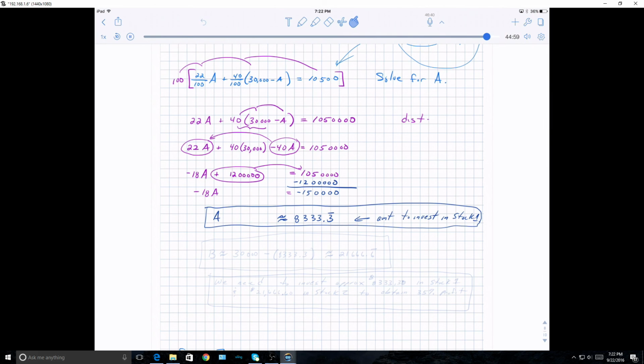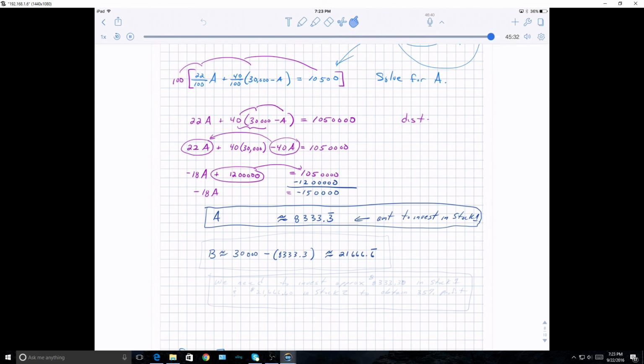Because we know that B is equal to 30,000 minus the A, which in this case is 8333.3, roughly. And this is an approximation. And that would equal 21666.6 repeating or so. Okay, but that's, again, an approximation.